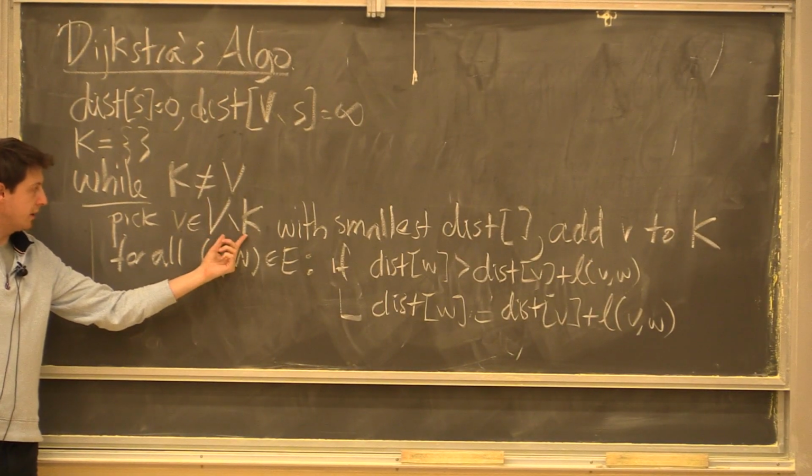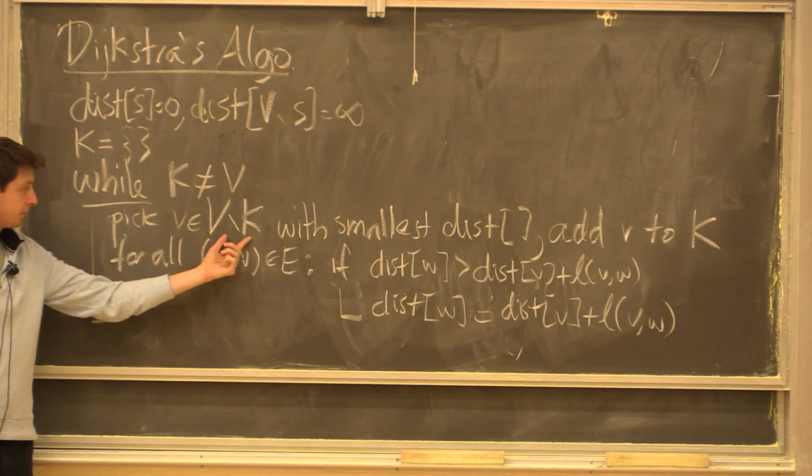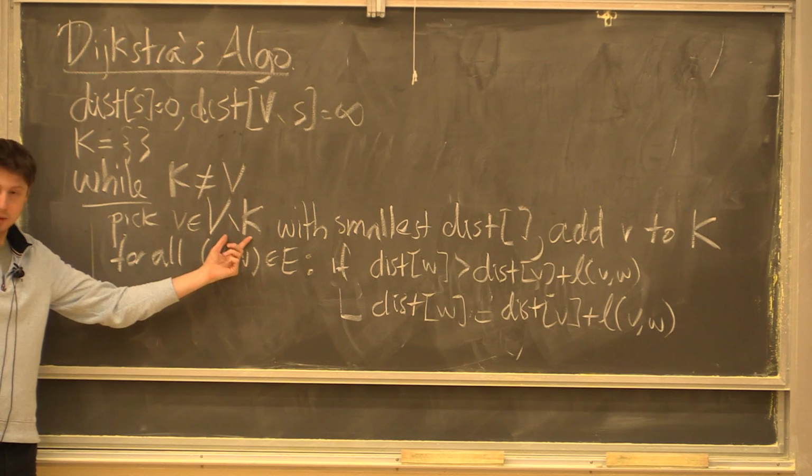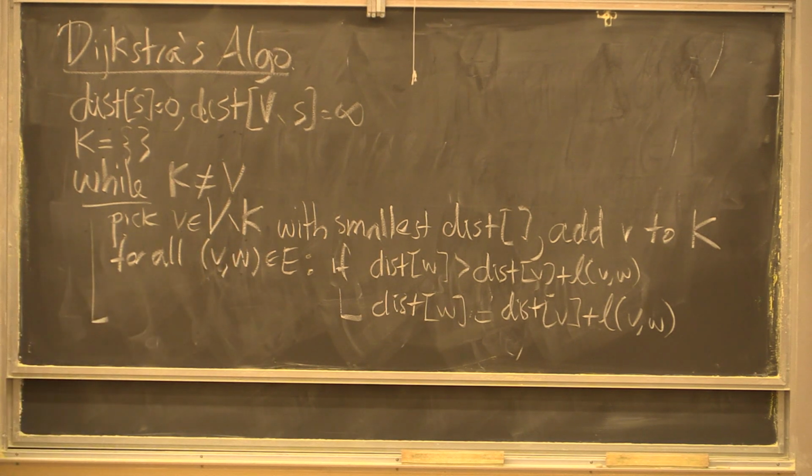We're picking the one that has the smallest estimate. But why is it an edge extension? Because the things we haven't touched yet are infinity, right?